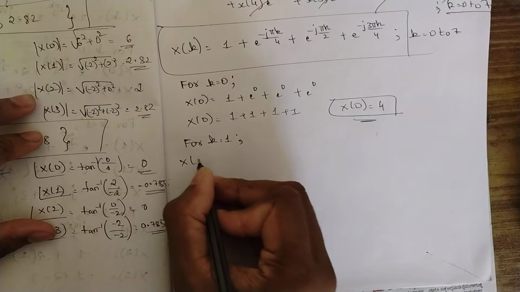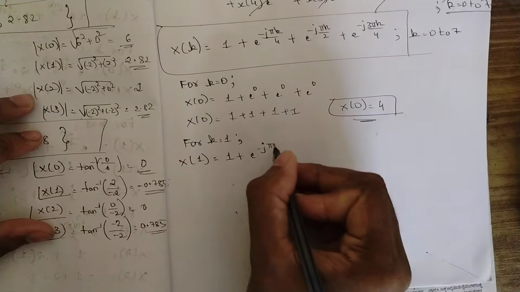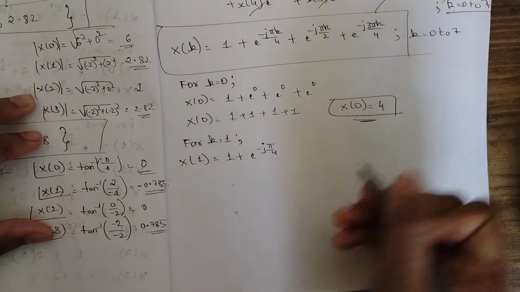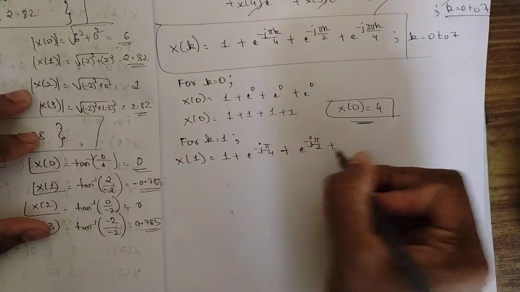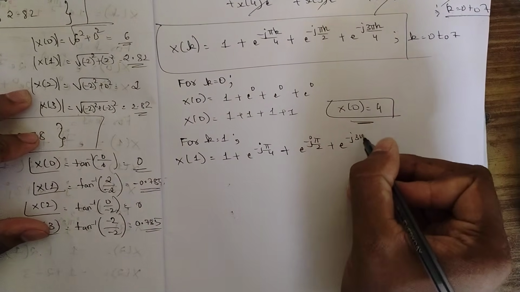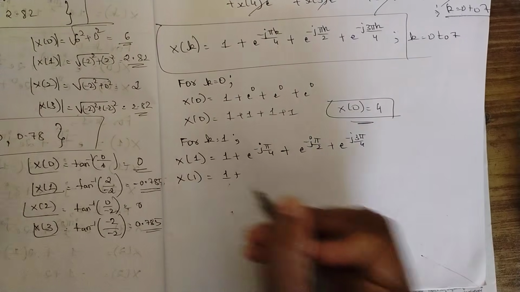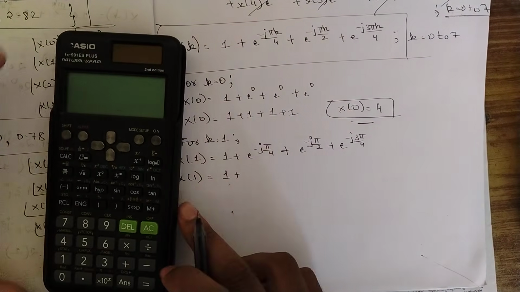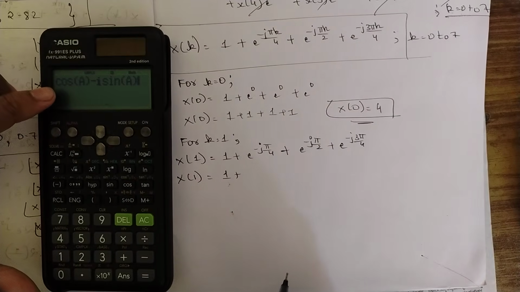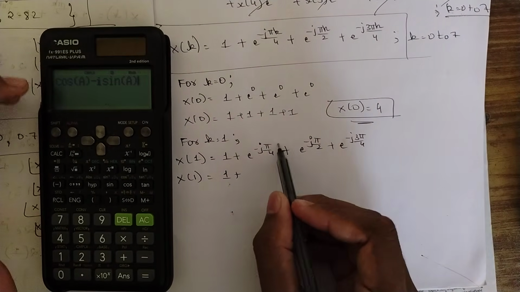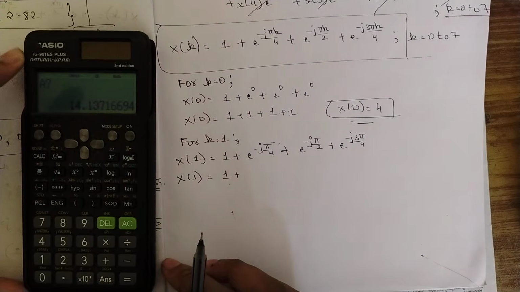Okay, x of 1 is equal to 1 plus e power minus j pi by 4, where the value of k we should be substituting as 1, plus e power minus j pi by 2, plus e power minus j 3 pi by 4. All the values of k are 1, so x of 1 is equal to 1 plus, so again I have already kept this in the calculator here, this equation cos a minus j sin a. Okay, so in place of theta we have pi by 4, press calc button. I hope you know this, I have told you multiple times.